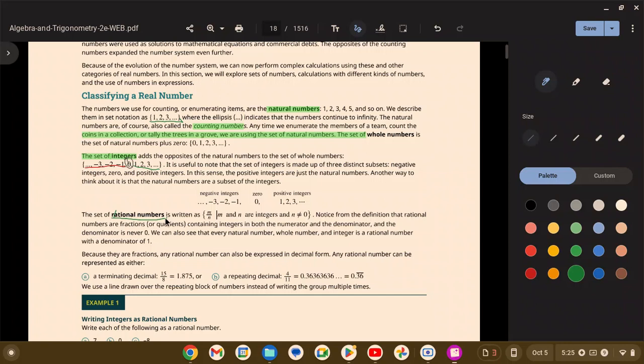Notice from the definition that rational numbers are fractions or quotients containing integers in both the numerator and denominator, and the denominator is never 0. We can also see that every natural number, whole number, and integer is a rational number with a denominator of 1.